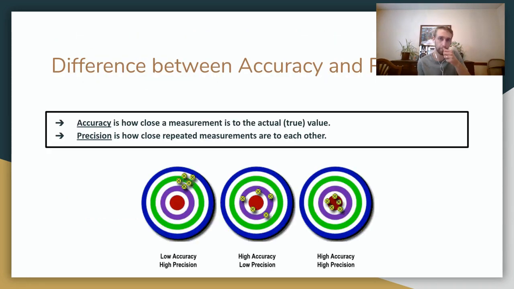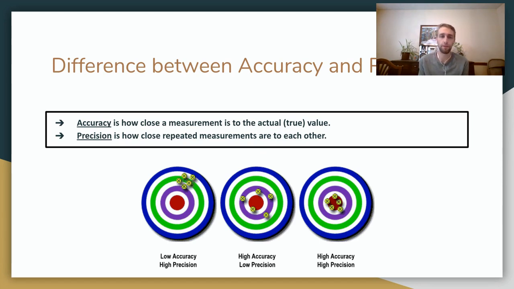So first, what's the difference between accuracy and precision? Accuracy is how close a measurement is to the actual value or to the true value that you're trying to measure. And precision is different, and that's how close repeated measurements are to each other.